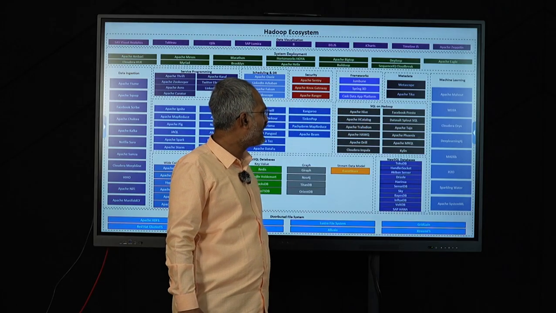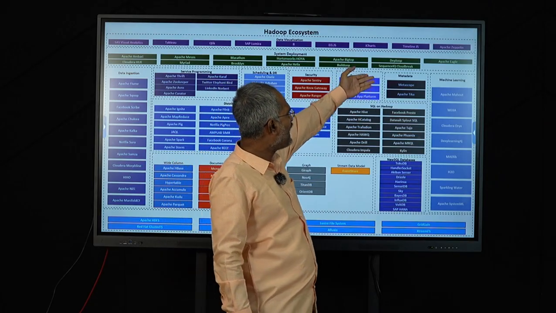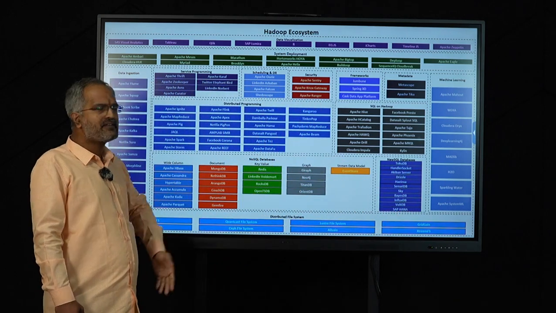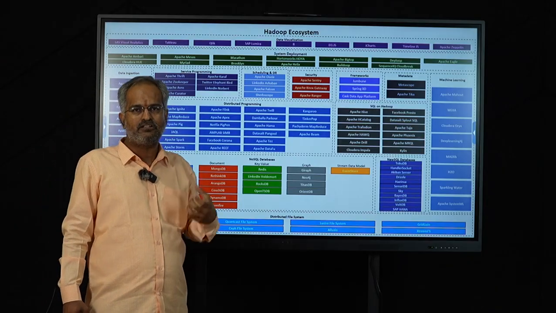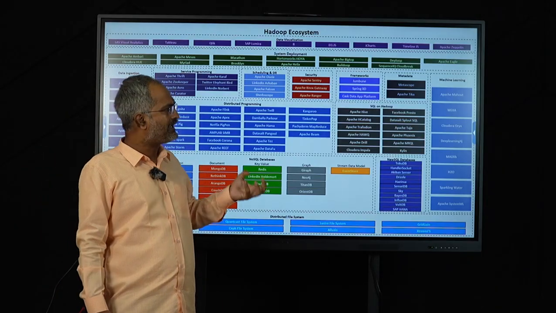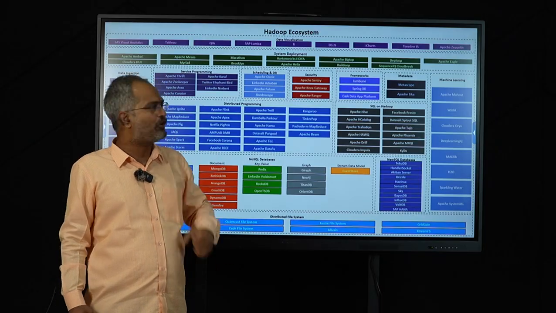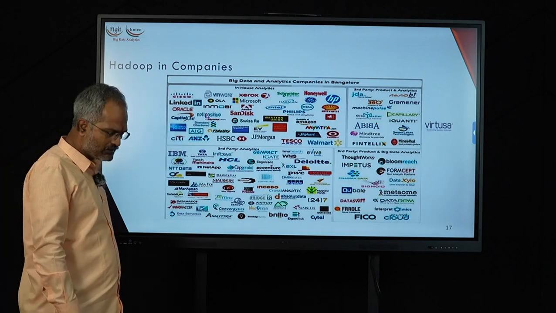We have Hive, not a database actually, it is the data warehouse. And we have so many other components available. So at least we should be aware of some of the components, and we should be expert in 3 to 4 components, so that we can be in the data science environment. So let us go with the other content.